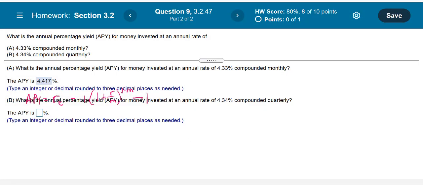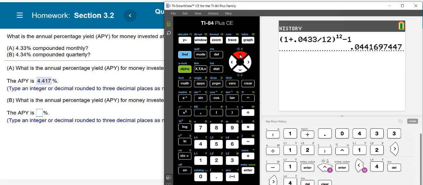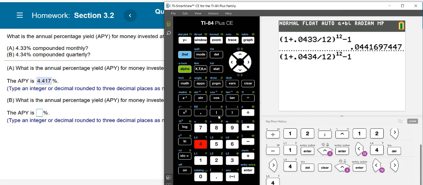For the second part, we do the same calculation. So I'm going to take out my calculator. When I cursor up and press enter, I can now do some modifying. For example, this one says 4.34%, so I'm going to need that second 3 to be a 4, and it's compounded quarterly, so I'm going to need to change the 12 into a 4.